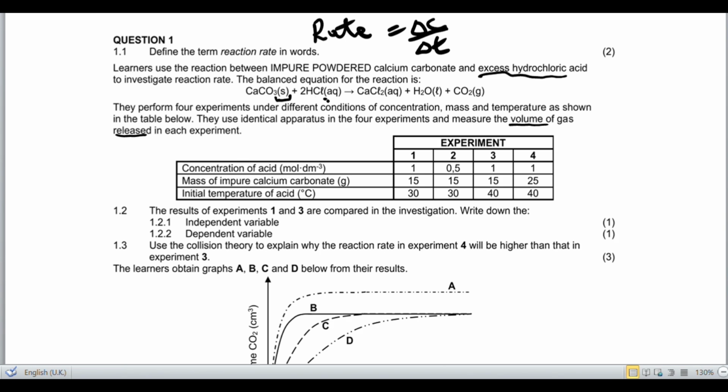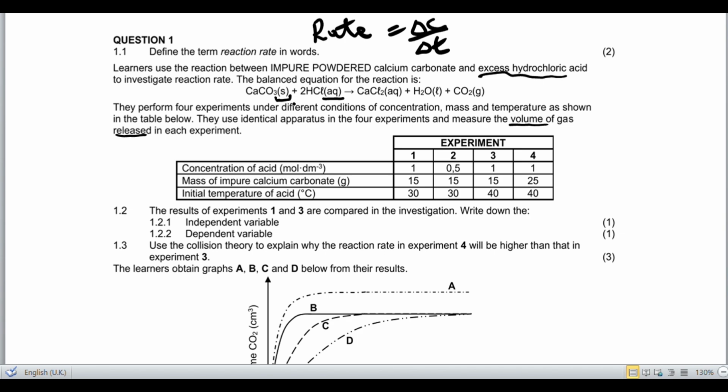Then this one is an aqueous solution. So concentration applies here. Everything we say about the factors that affect the rate of reaction applies to these two, this reactant and that reactant. This one is a solid, which means everything we say here is surface area. Then this one is an aqueous solution, which means here we can talk about concentration.